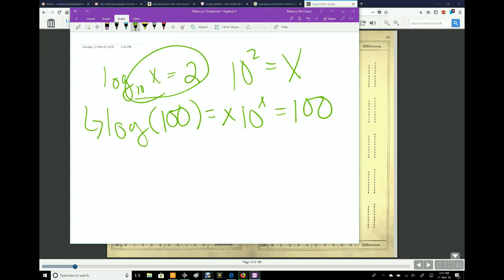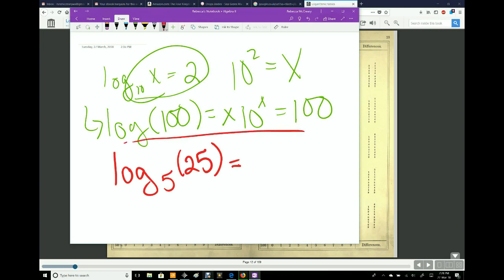So if we were just thinking about how logarithms work, if we were to look for, say, the logarithm in base 5 of 25, we should then, going along with this second one, get 5 to the something equals 25.